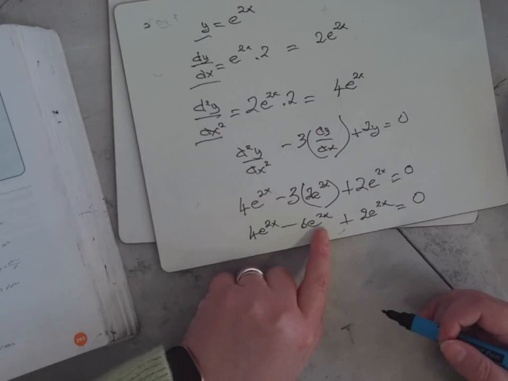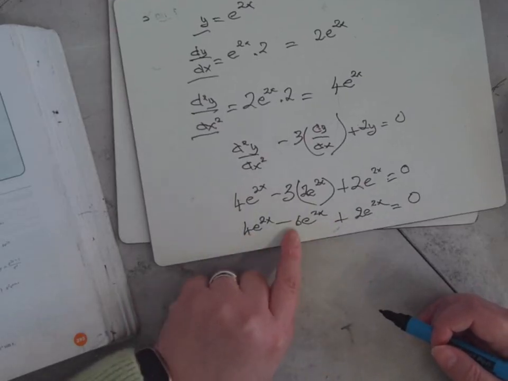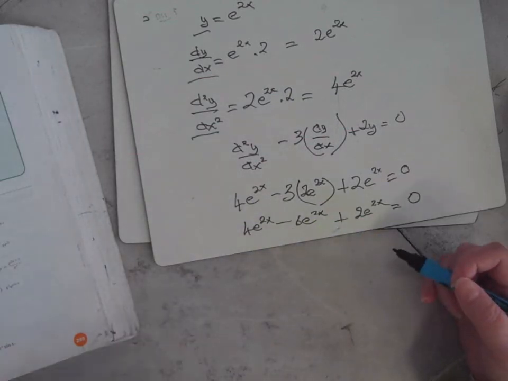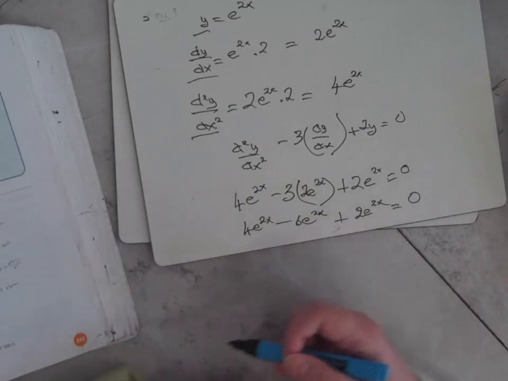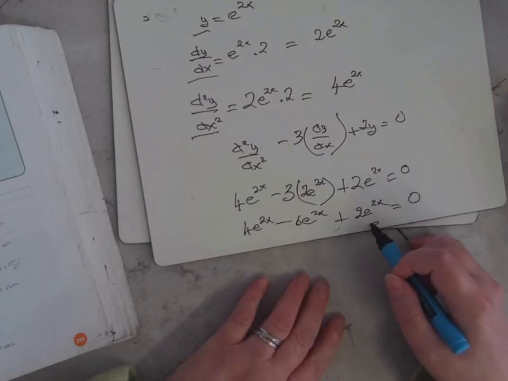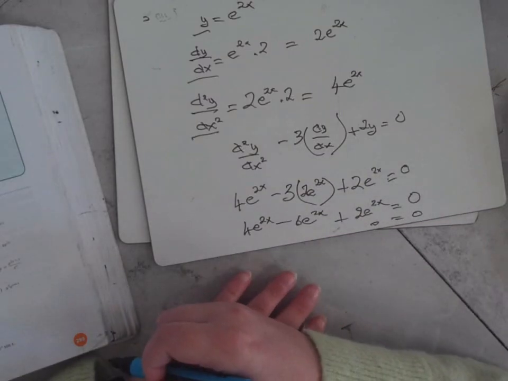They're all e to the power of 2x. So that means you can put them all together. So 4, take away 6 would be minus 2, wouldn't it? Minus 2 plus 2 will give me 0. Right, so I can put all those terms together because they're like x's or y's or z's or whatever. Is that right? So you do end up getting 0 equals 0. Happy with that?